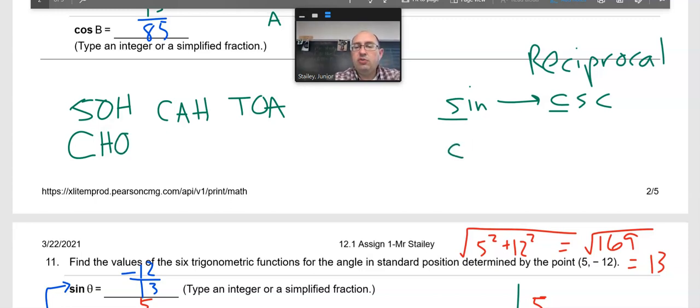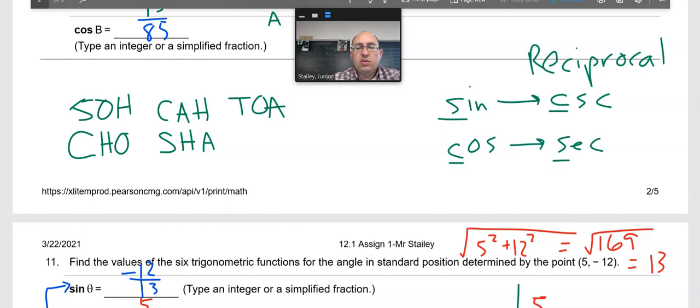Then cosine has its own, called secant, S-E-C-A-N-T, abbreviated SEC. So cosine has its reciprocal starting with an S, and it's going to flip the adjacent and the hypotenuse.